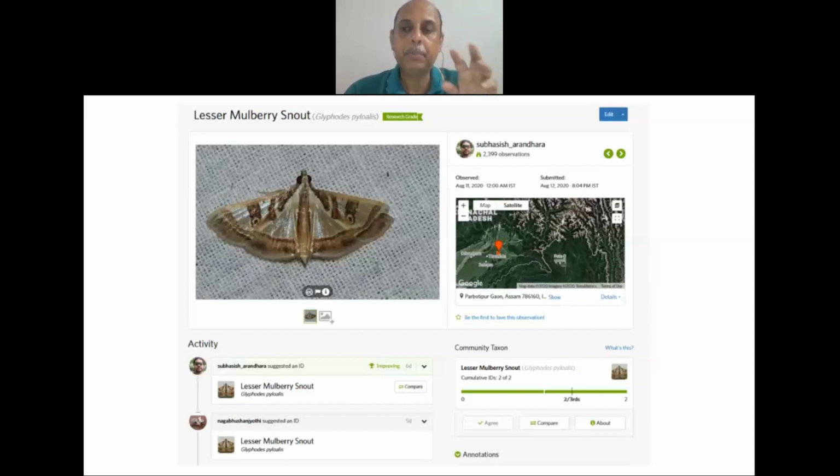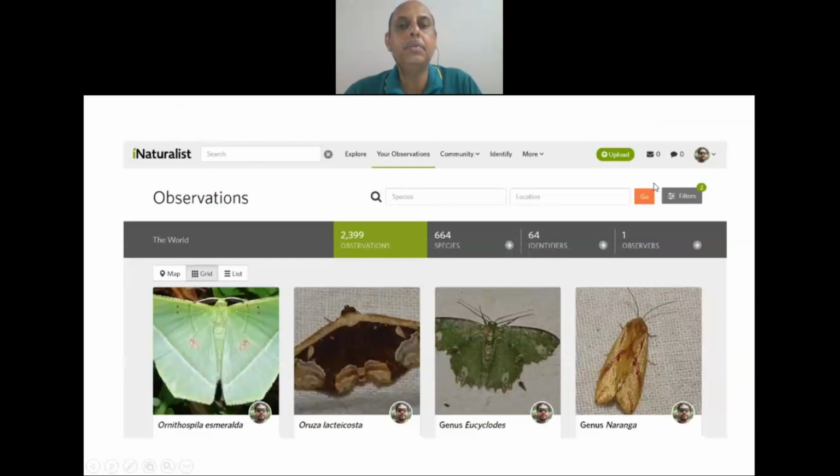They will see whether you have put the place correctly or not. After two supports from this group, your species name will be uploaded as lesser mulberry slough. It is called research grade. Once you upload it, you will know these things, and slowly we can also help you later on.